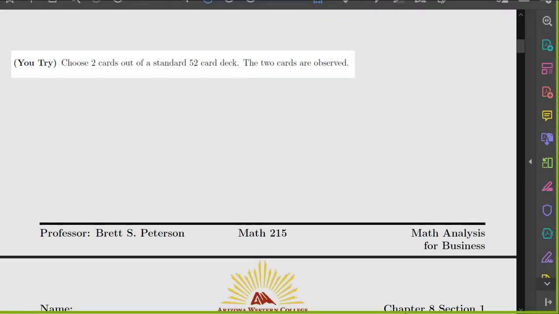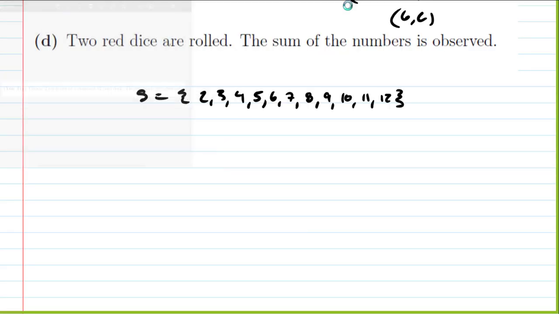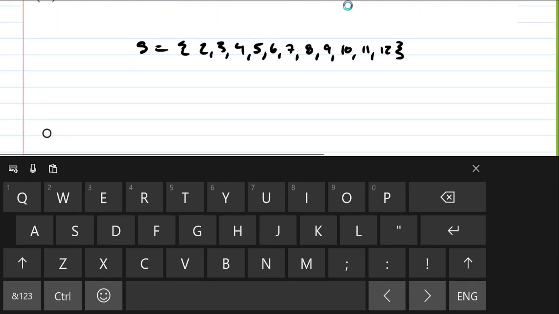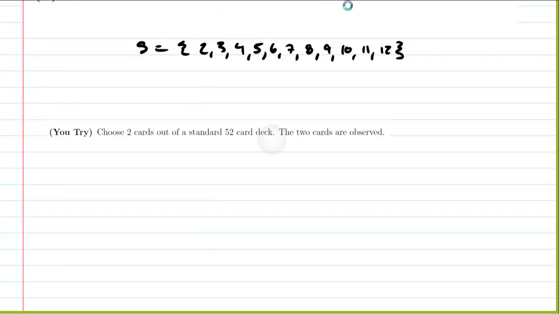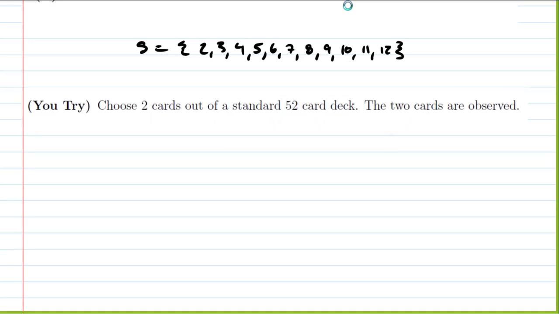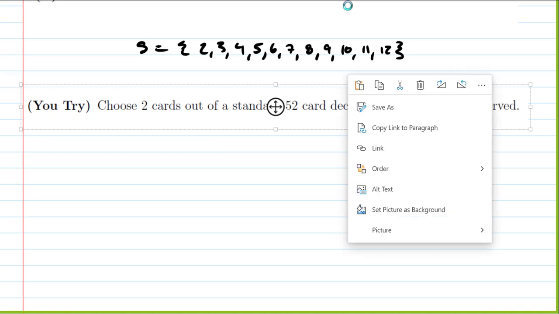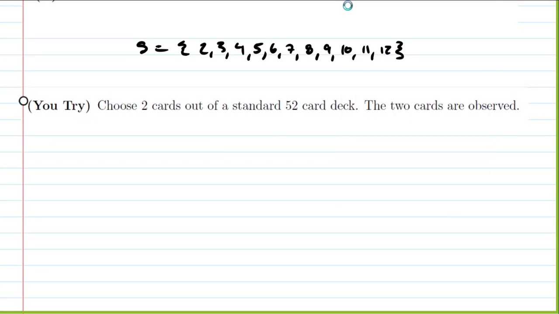So you try. 2 cards are drawn out of a standard 52 card deck. So hearts, clubs, spades, and diamonds, ace through king, right?